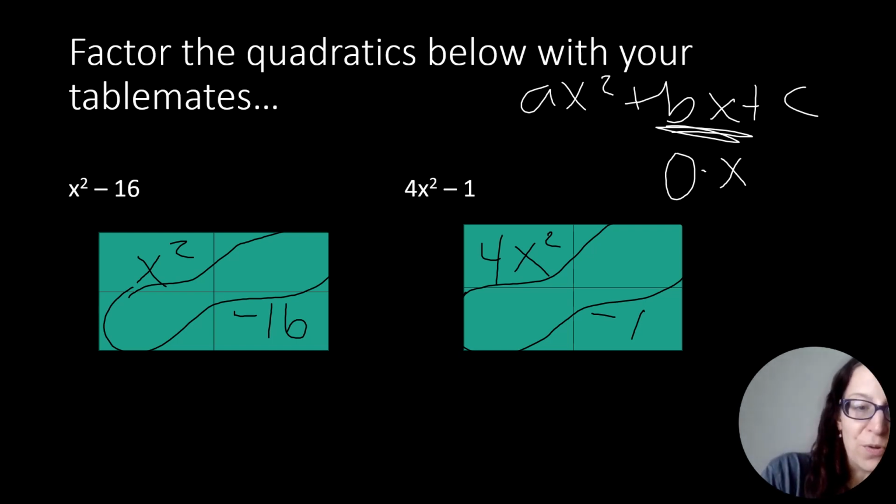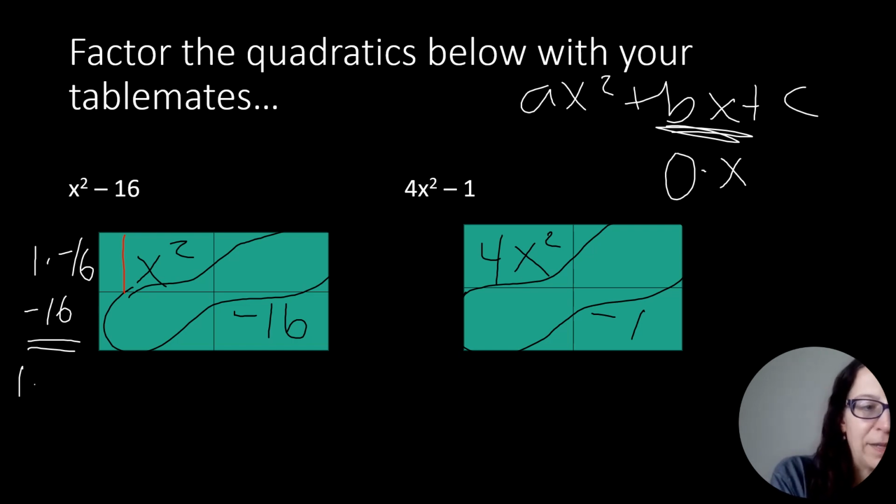And so now, because math is consistent and because the model is consistent, we can do what we did before. We can do 1 times negative 16, and we'd be looking at that negative 16 and looking at the factor pairs. So 1 times 16, 2 times 8, and 4 times 4.